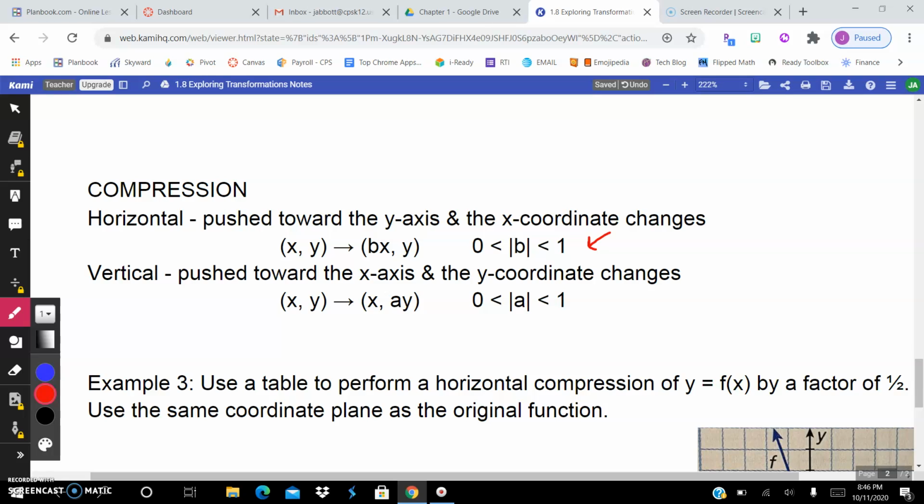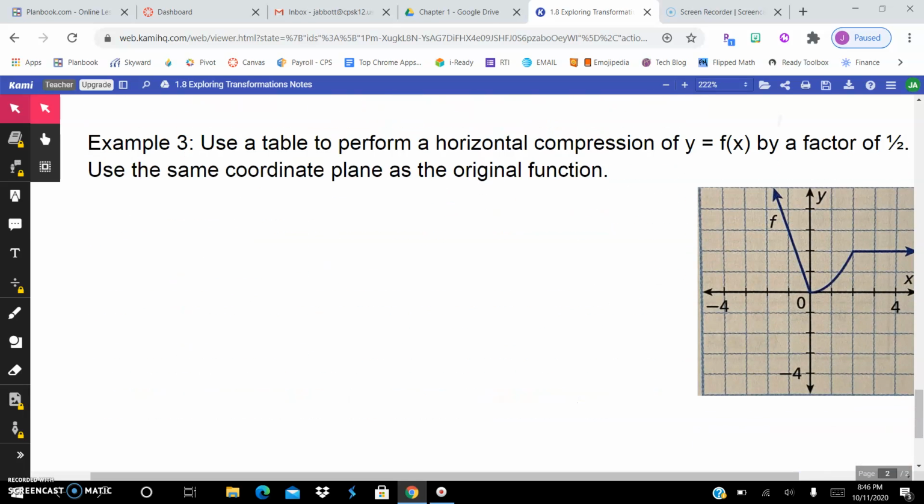So you're going to have a fraction or a decimal factor for these types of problems. And then a vertical compression is being pushed towards the x-axis, and the y-coordinate is going to change. So we're going to multiply the y-coordinate by our factor given. And again, our factor in that is going to be between 0 and 1 as well.